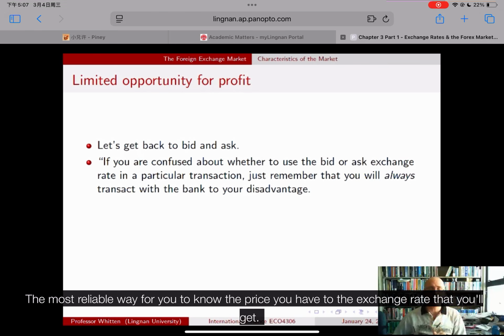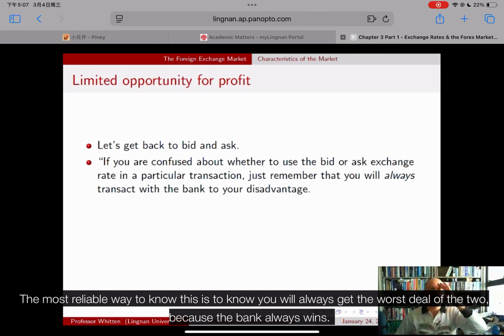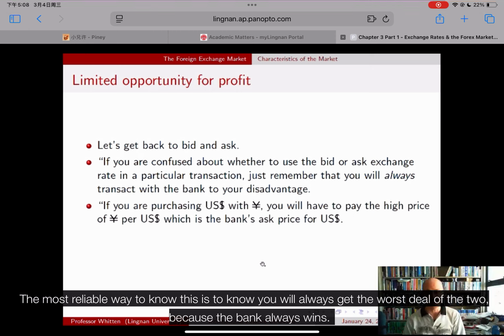The most reliable way for you to know the exchange rate that you'll get is to know you will always get the worst deal of the two, because the bank always wins.